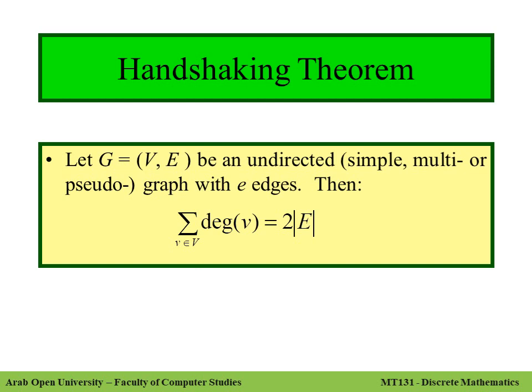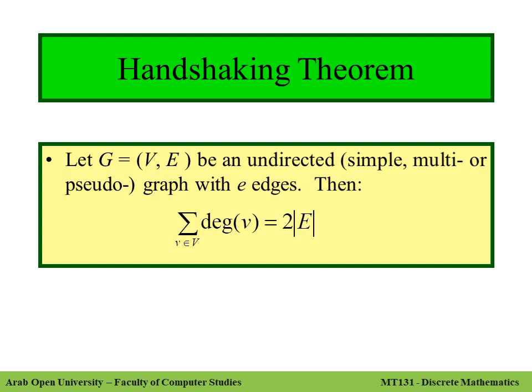The number of edges is E. So what the handshaking theorem tells me is that the sum of all degrees of all vertices in the graph is equal to 2 times the number of edges in the graph. If you add up all the degrees of all the vertices of the graph, that number will be twice as much as the number of edges.